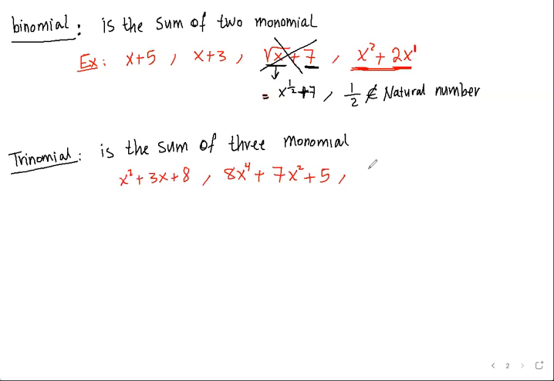Who will give me another one? Same idea, like 4x squared plus 2y squared minus 8. We have different variables here.